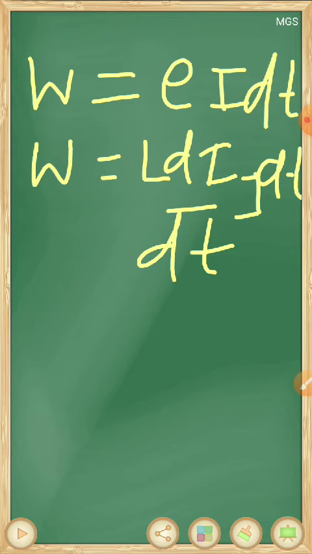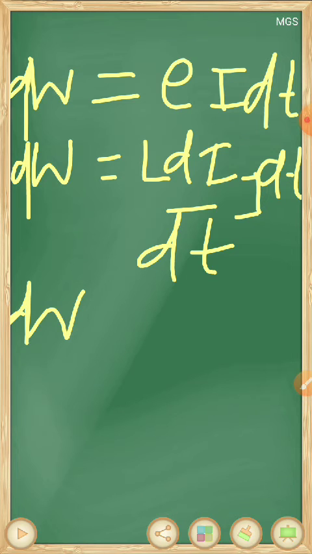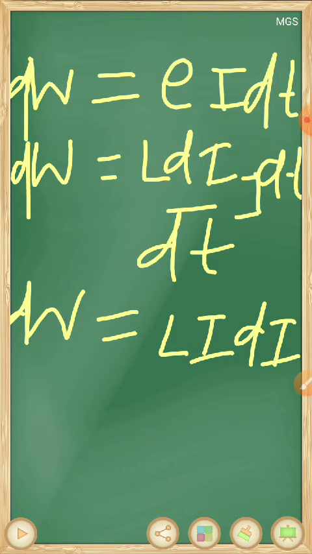So work done is equal to L di by dt into I dt, which is equal to L I di. So this small amount of work is to be done by the source of EMF in order to send a current I for a very small interval of time dt.